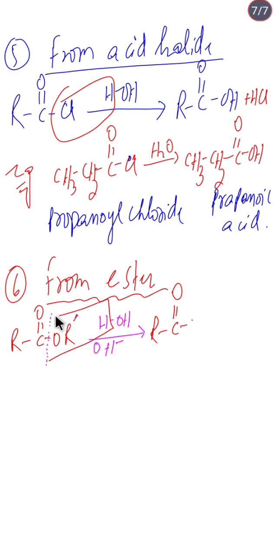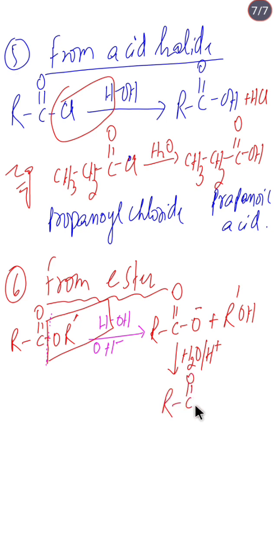But since the medium is basic in nature, we will get this carboxylate ion along with this R'OH. This is to be again hydrolyzed in presence of an acid, so that we obtain this carboxylic acid along with alcohol.